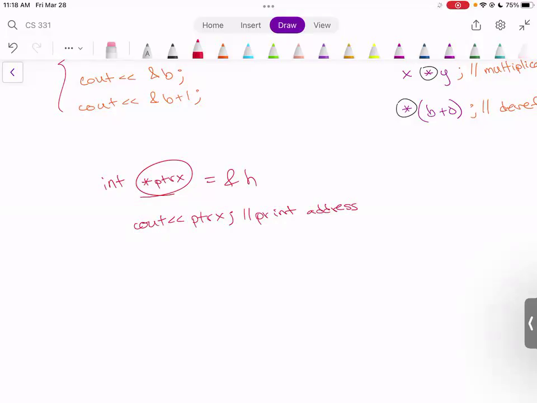Mhm. What if I say cout *ptrx like that? What is it going to print out? The value of age. Exactly, the value of age. Because the first time I'm just printing out an address, the second time I'm dereferencing that address. Does that make sense? Yeah.